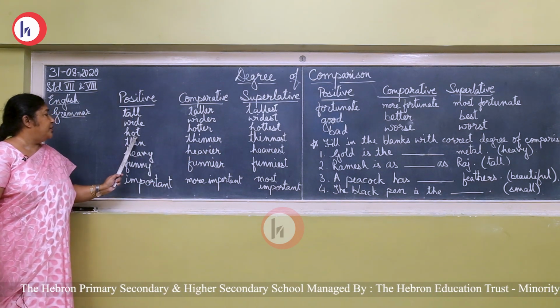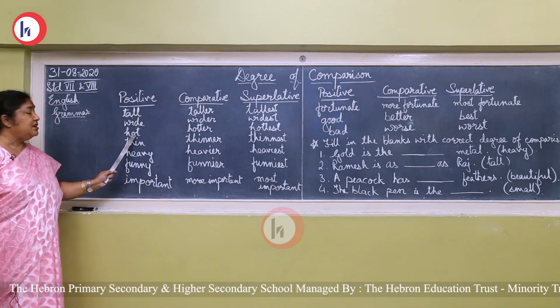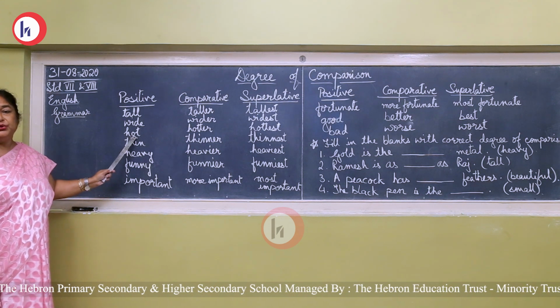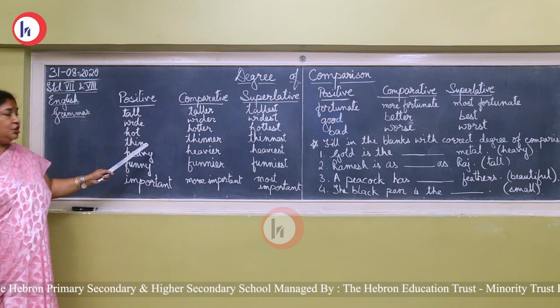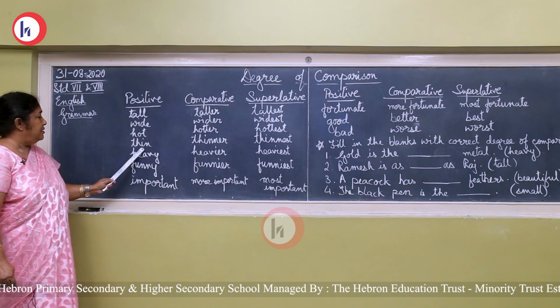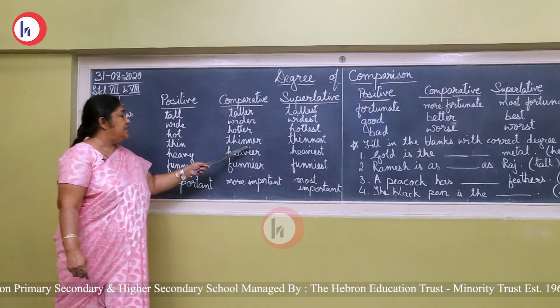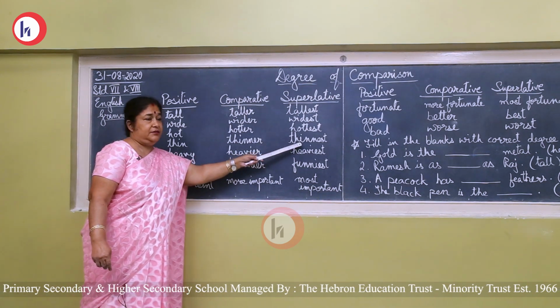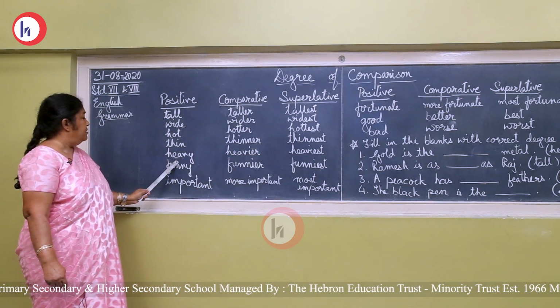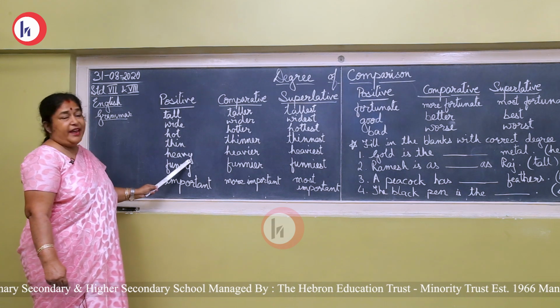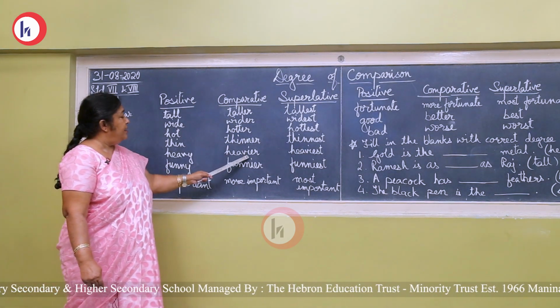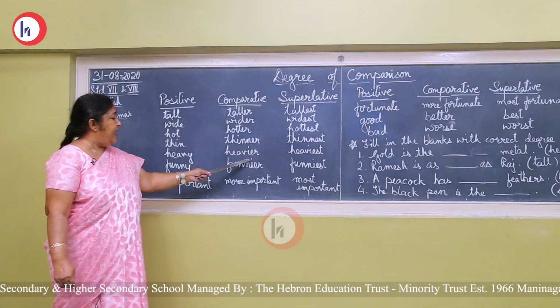Double T is used because before this consonant there is a vowel. A, E, I, O, U are vowels. The rest are consonants. Thin, again N, and before that is I. So, thinner and thinnest.